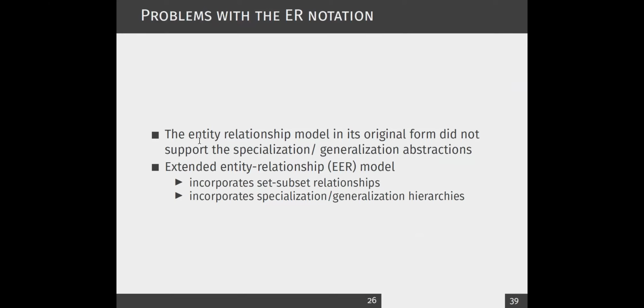An ER diagram cannot represent specialization and generalization, which you talk about in object-oriented principles. So what do you mean by specialization? Something like this. For example, in a university system, we can have lecturers, and then we can have instructors.